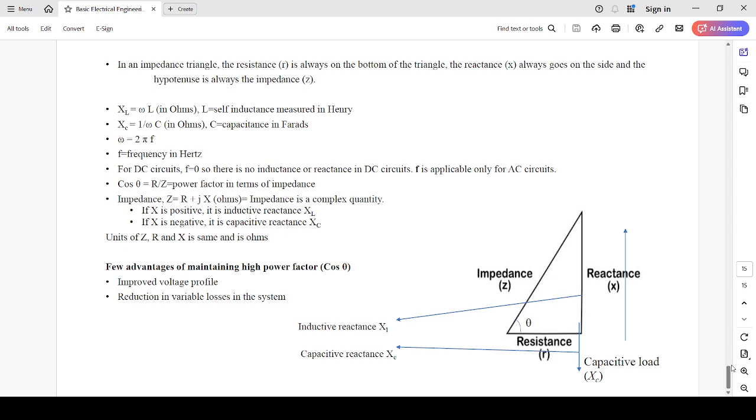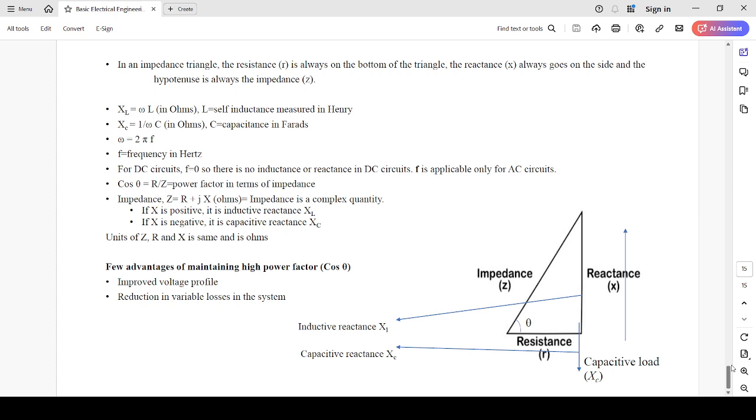The formula for inductive reactance is omega L, where omega is 2 pi f. As I told you earlier, in India the f is always 50 hertz. The capacitive reactance Xc is estimated by the formula 1 upon omega C, where omega is 2 pi into f.